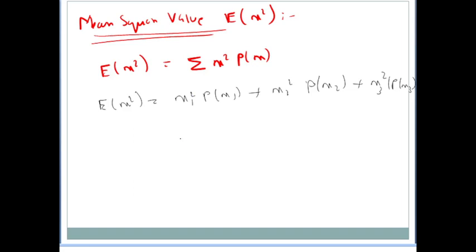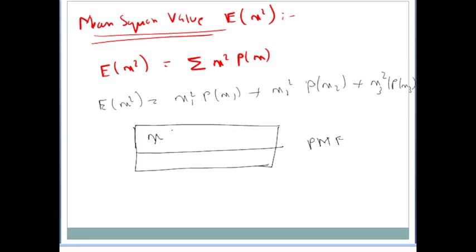This will go on. For example, let's say we are given this probability mass function table. Here we have the random variable and this is the probability.